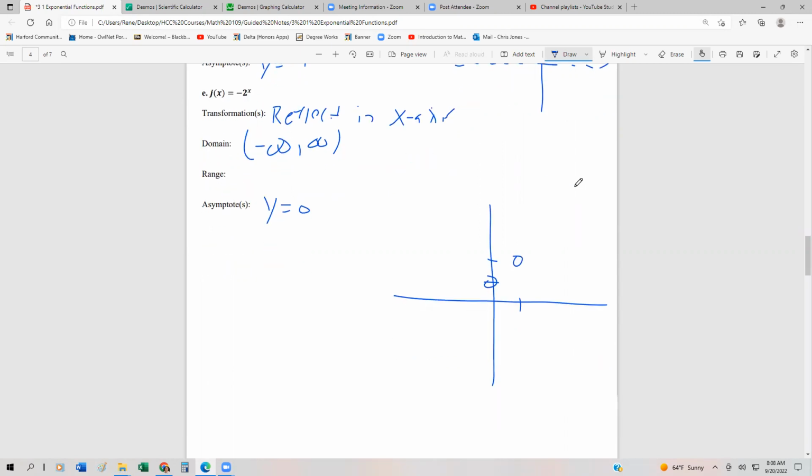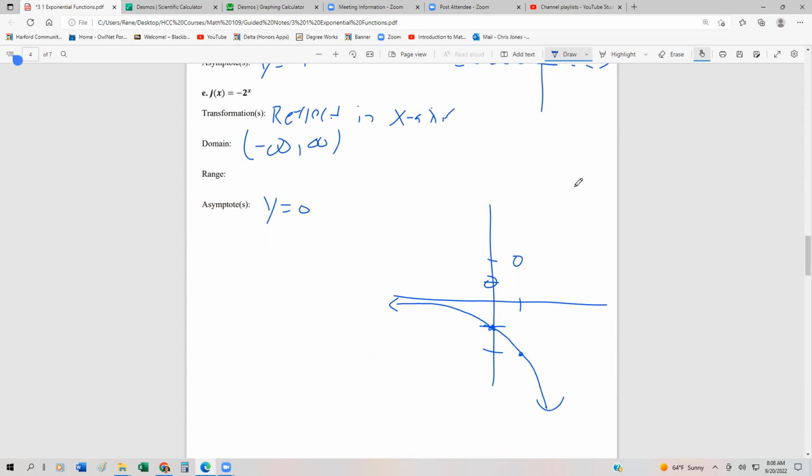But we're reflecting them. And so what's going to happen is we get this point right here. And then we also get the point, again, reflected in the x-axis. And so this function is going to be asymptotic, and then it's going to do this sort of behavior this time.